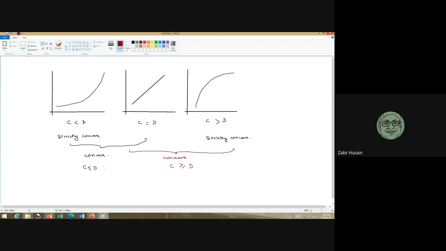So we are removing the strict qualifying term. If it is a strict inequality, it will be a curve like this, but if it is just convex or concave, we can include this linear function in our definition.